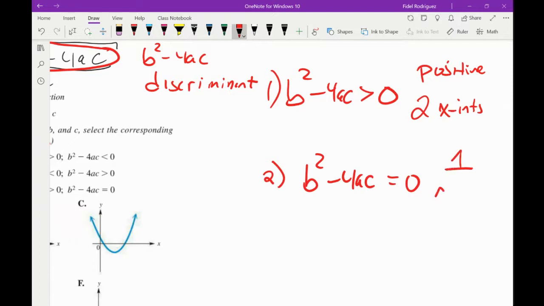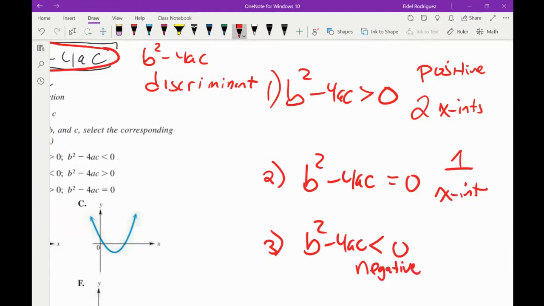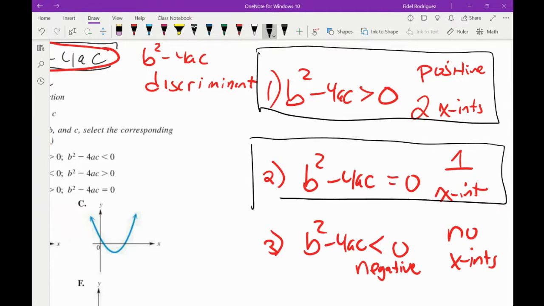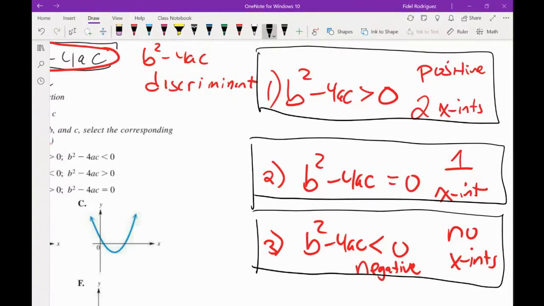We're going to have 1 x-intercept, okay? The third one is b squared minus 4ac is less than 0. That means that the number on the inside of that square root is negative. We're going to have no x-intercepts, okay? And so really what I'm trying to do here, y'all, is I'm going to be looking at kind of these 3 cases as I'm going through my problem, okay?